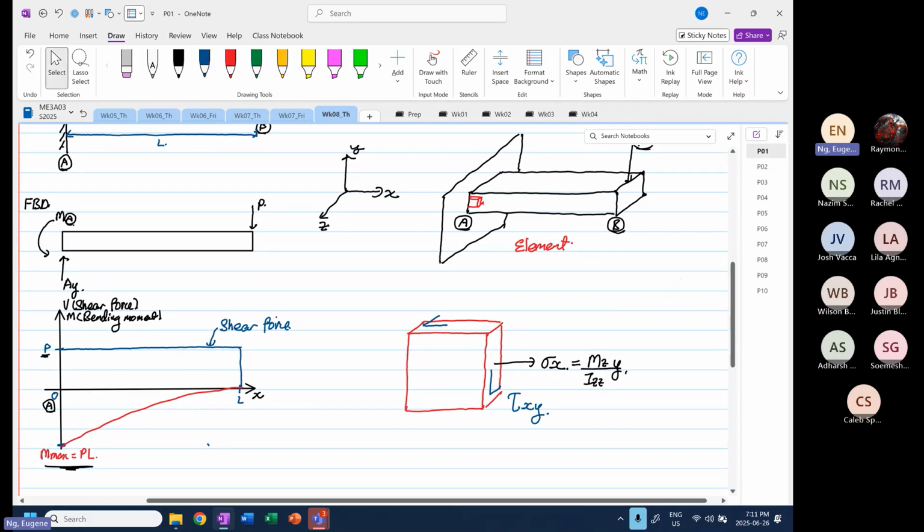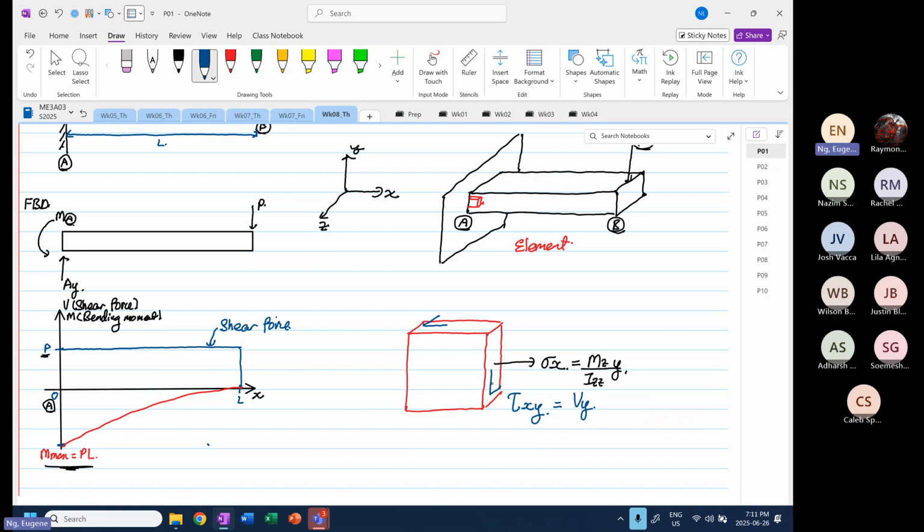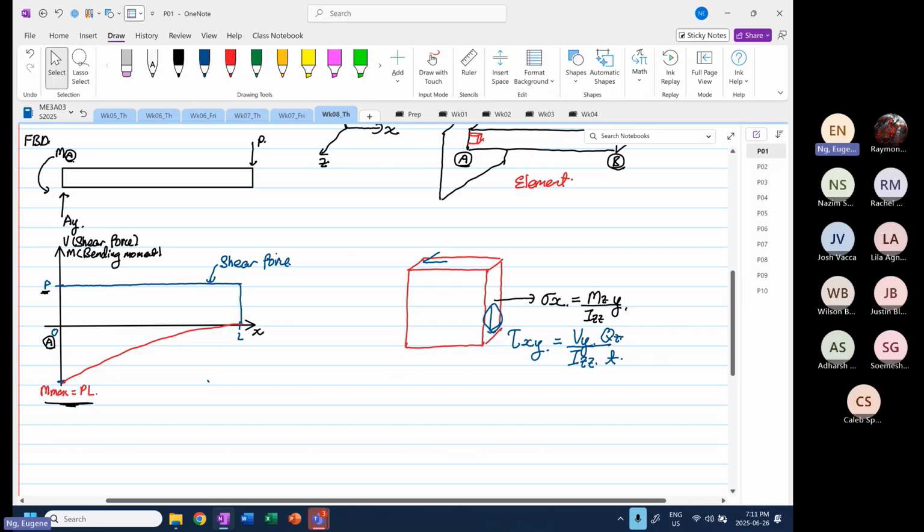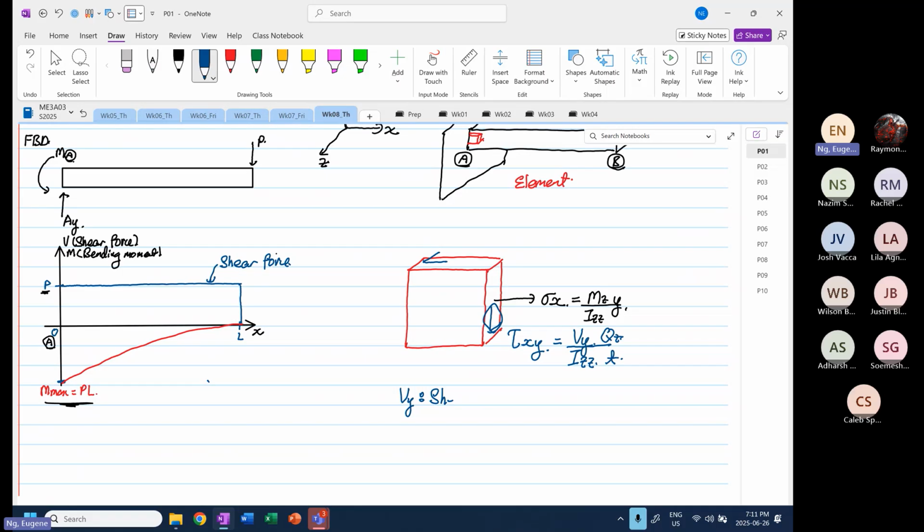Now, over here, the shear will be equal to Vy, okay, because the shear force is in the Y direction, over Izz, right, multiplied by Qz divided by t, okay, where Vy is the shear force, and it can be in Newton or it can be pound.